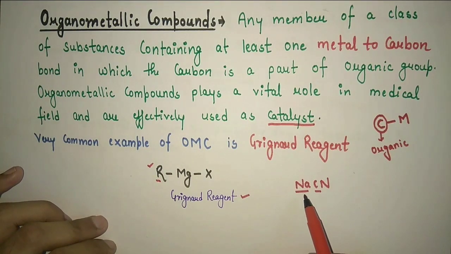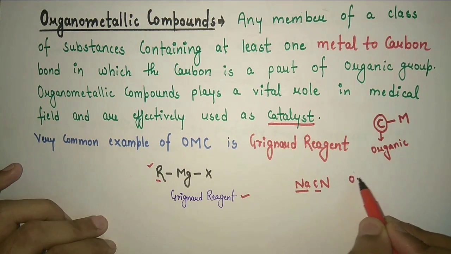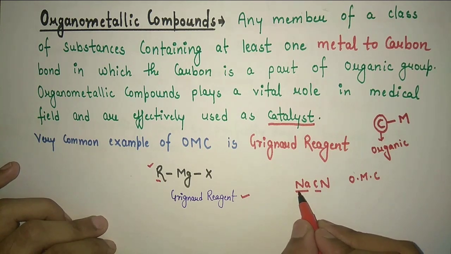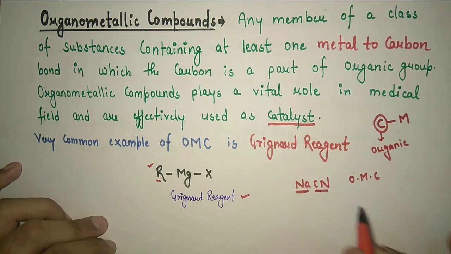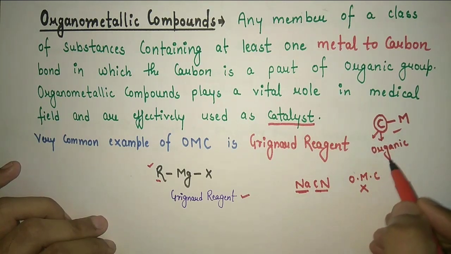Now, looking at NaCN, it may look like an organometallic compound, because in NaCN there is a metal to carbon bond between sodium and the carbon of the cyanide group. But this is not an organometallic compound, because I have told you that in the metal to carbon bond, the carbon atom must be part of an organic group.